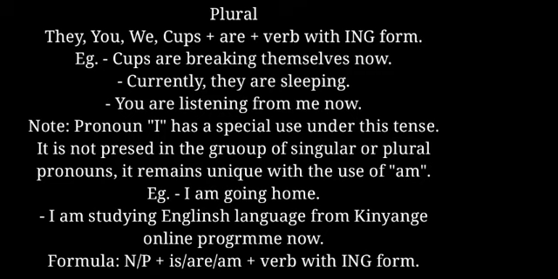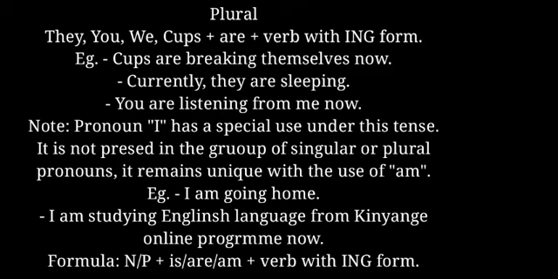Note, the pronoun I has a special use under this tense. It is not placed in the group of singular or plural pronouns. It remains unique with the use of am. For example, I am going home.